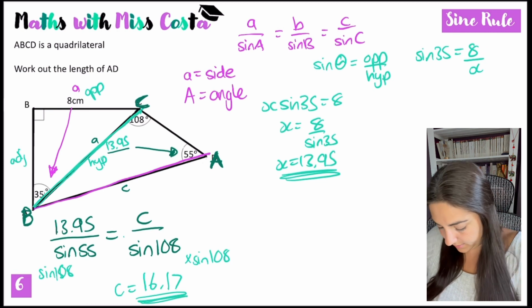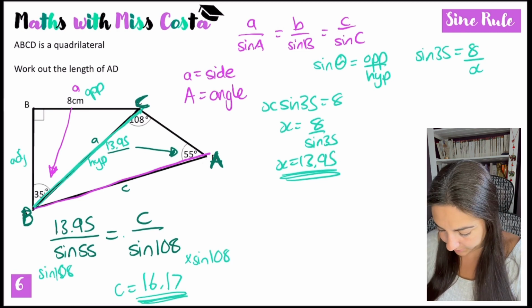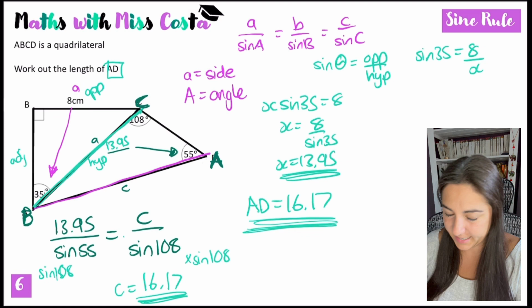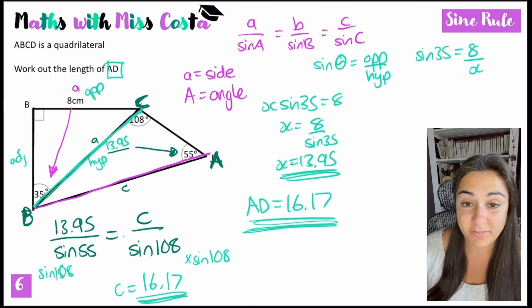So the length of AD is 16.17. Now this is made a little bit more complicated because obviously we had to use trigonometry first.